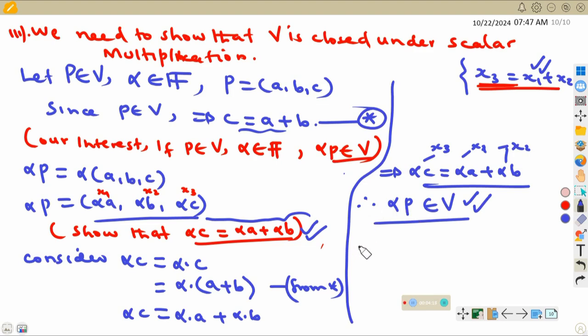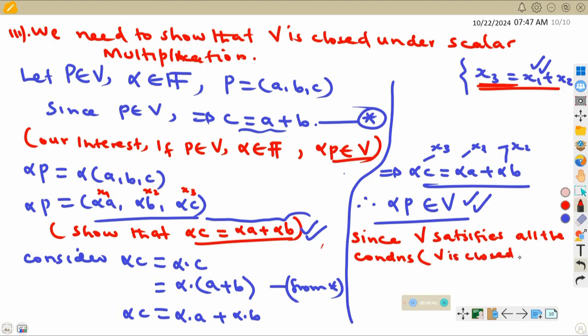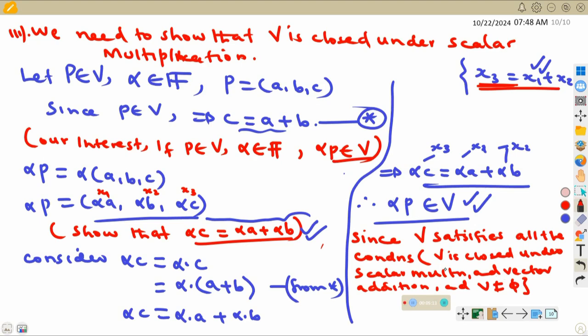So then you can now give a conclusion that since V satisfies all the conditions, which conditions?